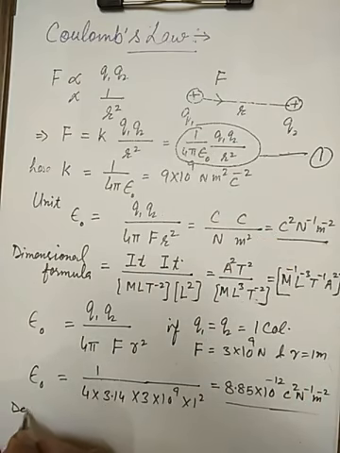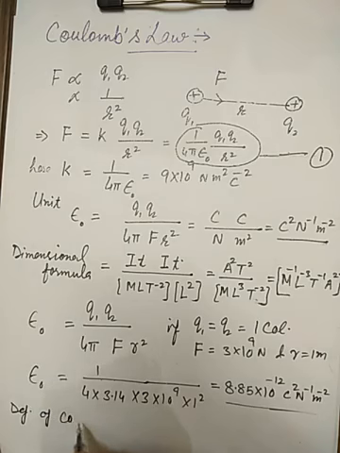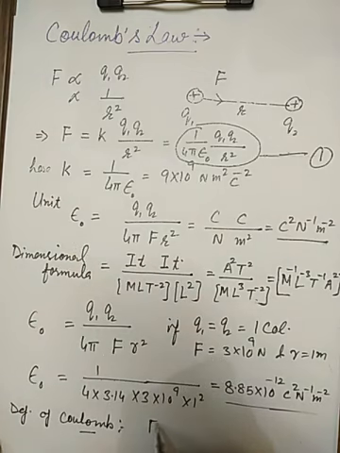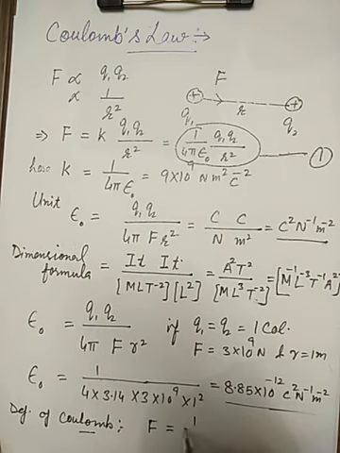Definition of 1 coulomb. We use the relation F is equal to 1 upon 4 pi epsilon naught q1 q2 over r square.